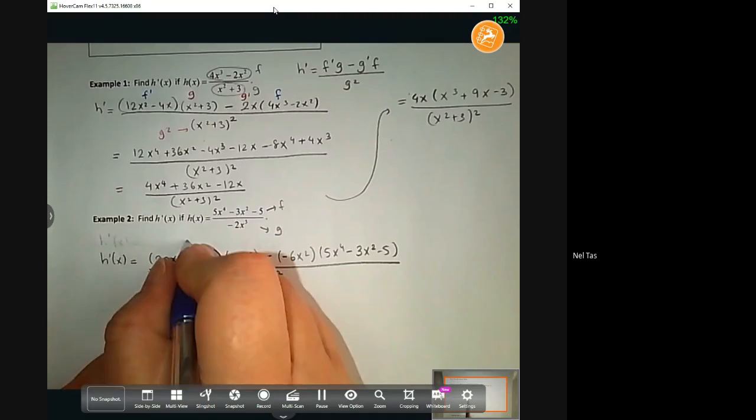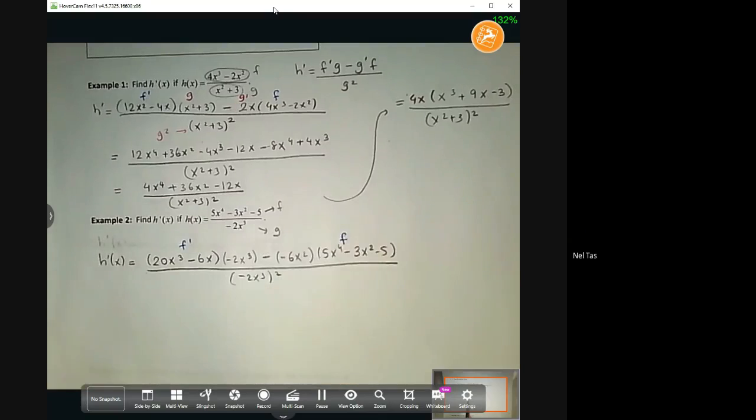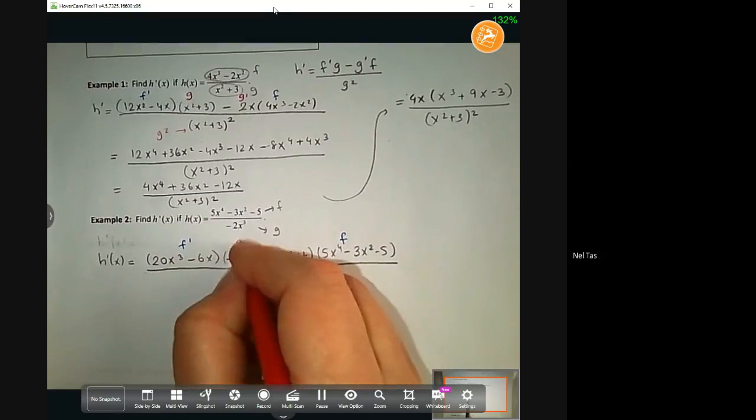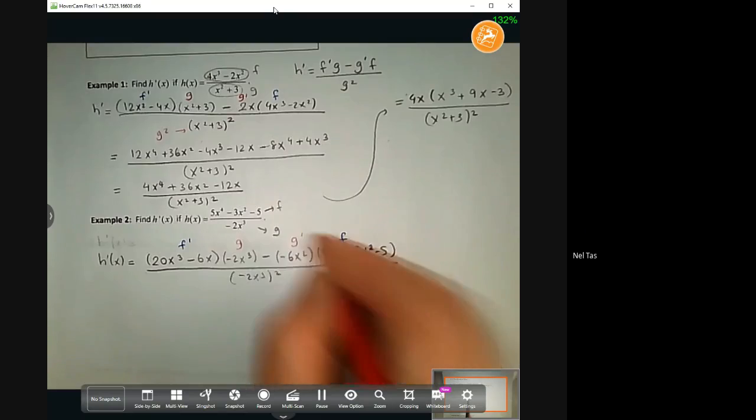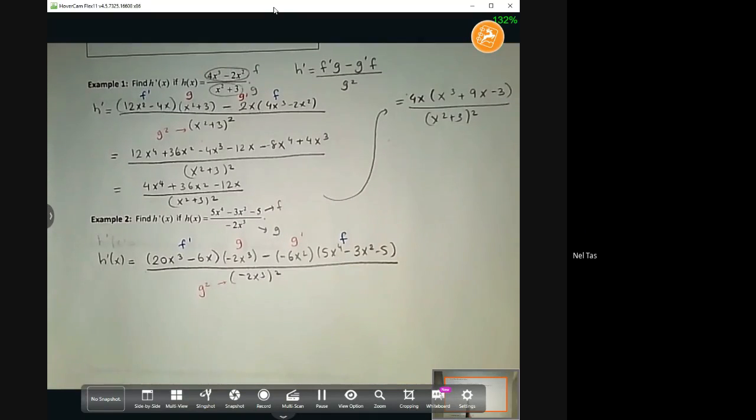So again, this is f prime, f, this is g prime, and that one is g squared.